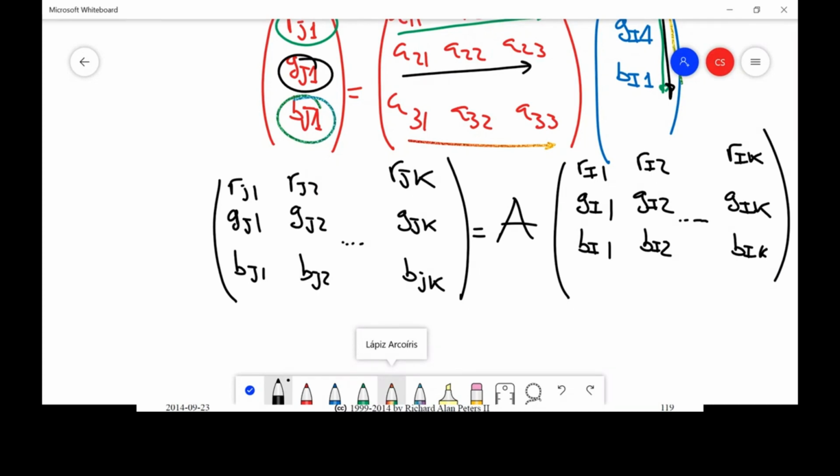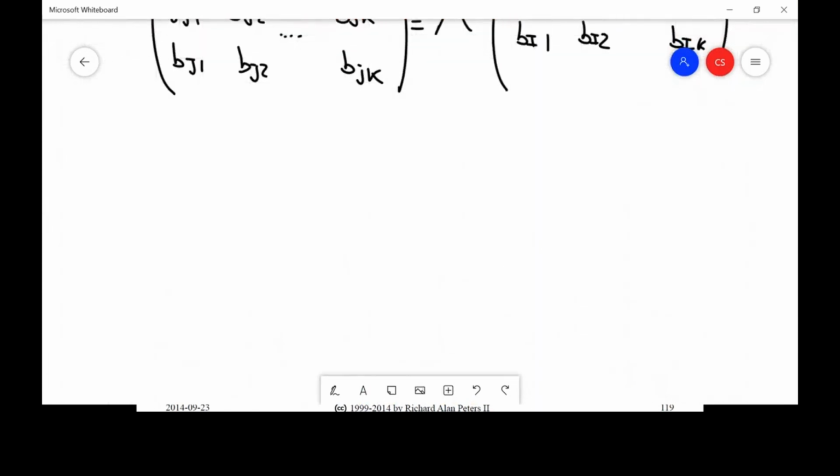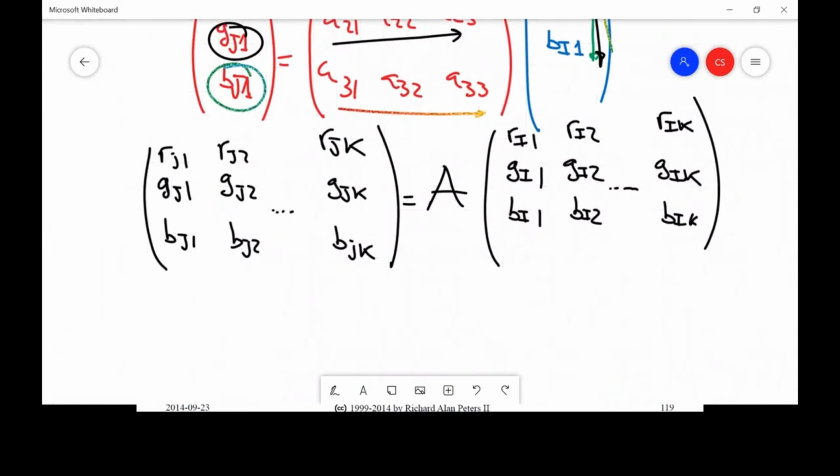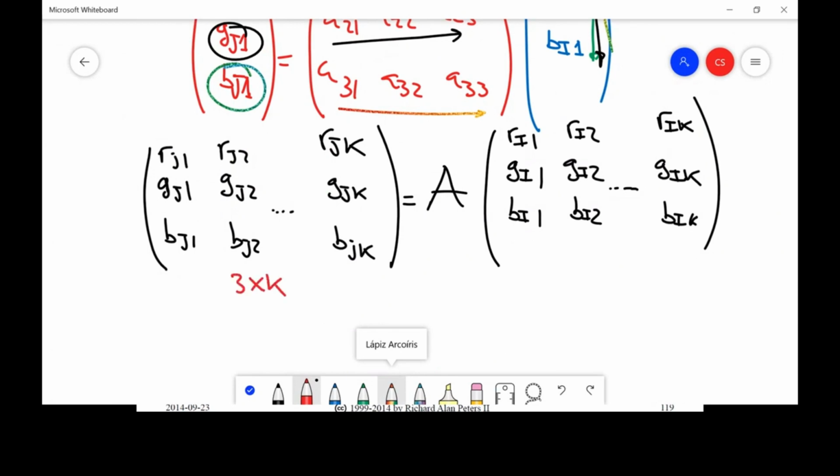Okay, so let's look at the sizes. Let's put the sizes in order. So this is a 3 times k matrix. This is a 3 times k matrix. And this is a 3 times k matrix.